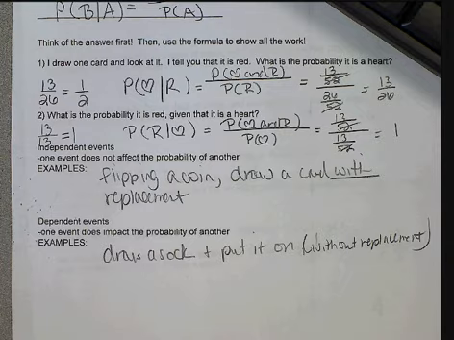One does not affect the other. Dependent events, one event does impact the other. Drawing a sock and putting it on your foot and then drawing another. You're not replacing that. Picking a card and then picking a second card. So that would be dependent.